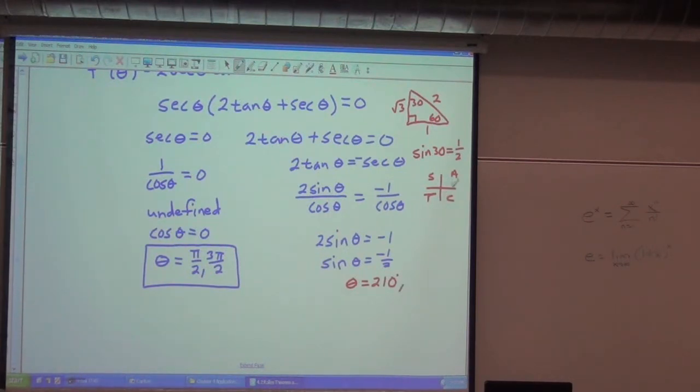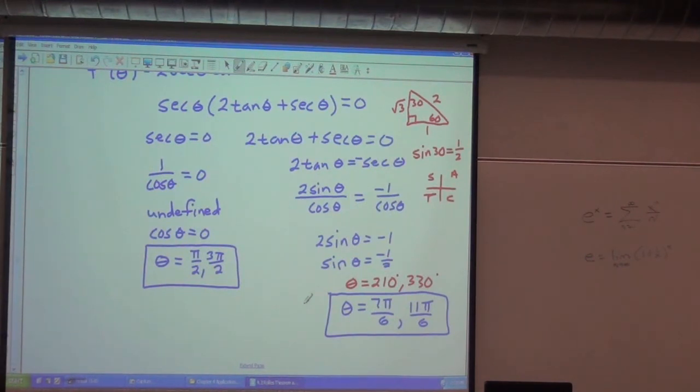Or if it was over here, it would be 30 short of 360, so 330. 210 is 7 pi over 6, and 330 is 11 pi over 6. So those would be our 4 critical numbers. Those are places where this could have an extreme, a relative maximum or relative minimum.